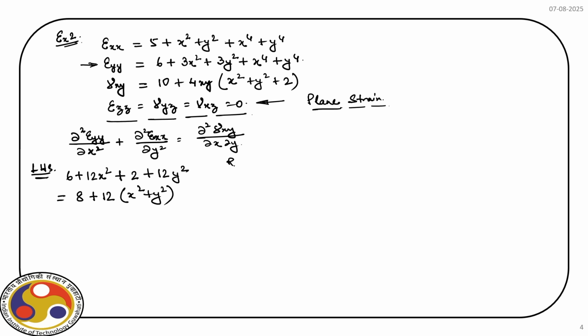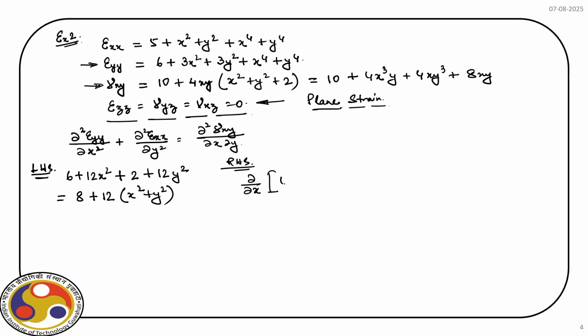Let us try the right hand side, and for that we have to differentiate gamma xy, which is here. First, let us differentiate with respect to y, and then we will do with respect to x. So, this term let us simplify: 10 plus 4 x cube y plus 4 x y cube plus 8 x y. Okay.